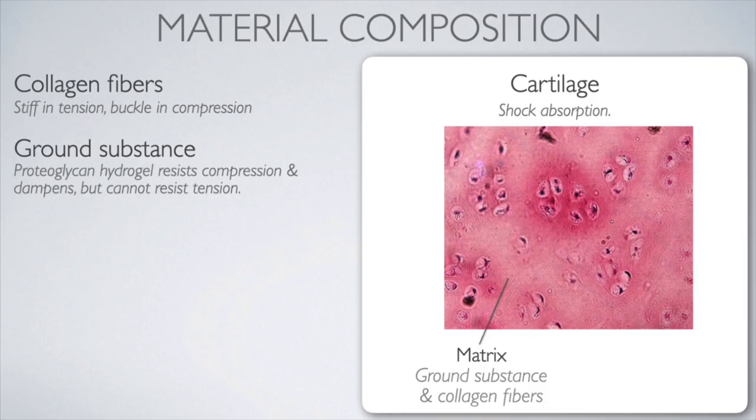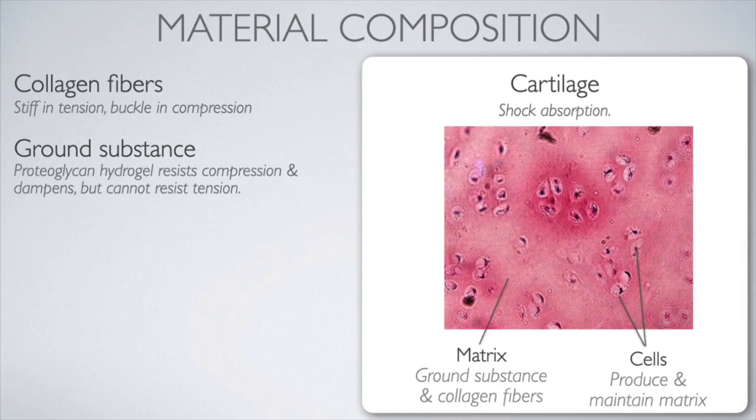If you were to pull on Jello, it breaks apart. It fractures really easily. What the collagen fibers do to help on that front is offer some structural integrity to the cartilage. And again, we have cells that produce and maintain the matrix.